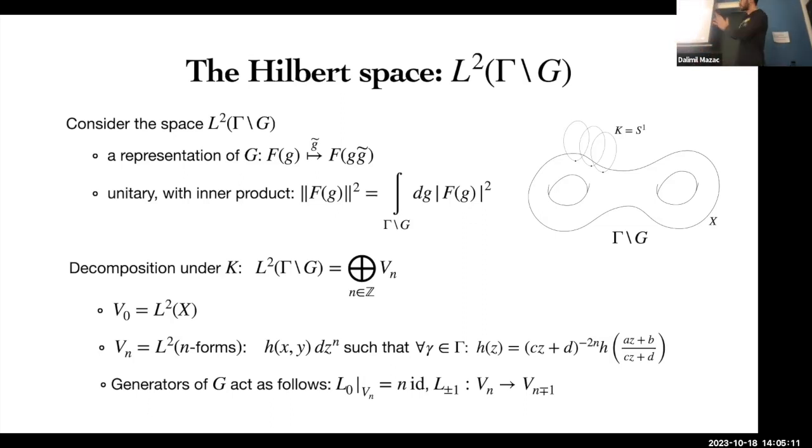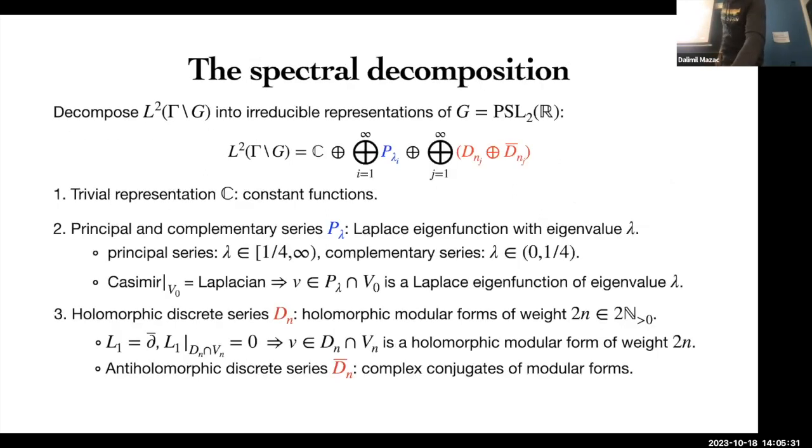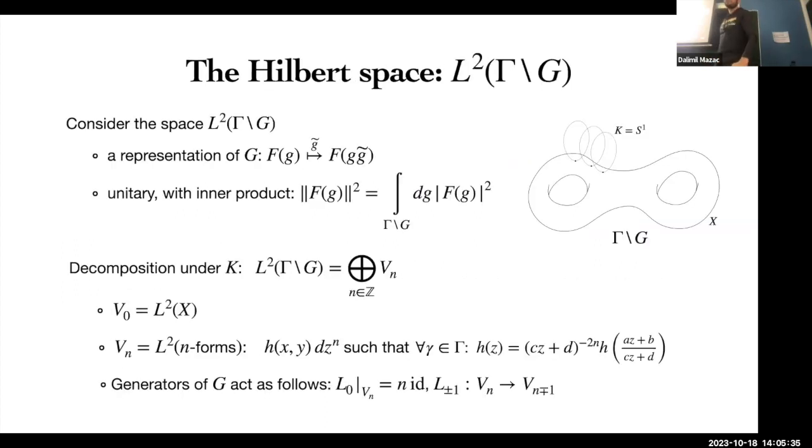I mean, if you haven't seen this, then it may be a bit hard to understand. But basically, you should think of this as an upgrade of the space of functions on the surface. It's a space of functions together with a space of some forms and other things in a way which makes it into a unitary representation of PSL2R, which the space of functions itself is not. Okay, and then you were just saying why the space of functions is not a unitary representation.